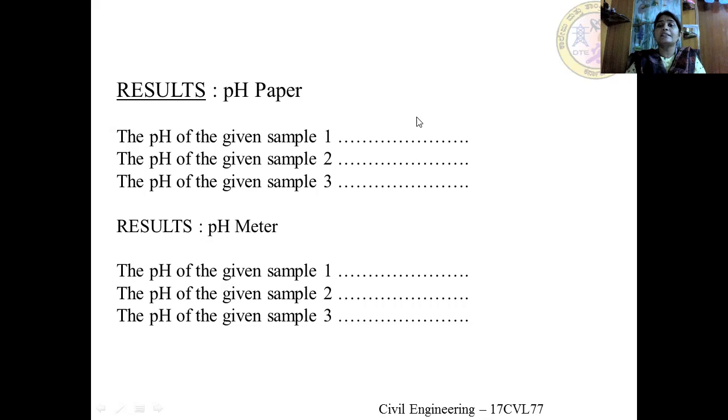So slightly acidic and slightly basic in nature, that is 6.5 to 8.5, is fixed by the Indian standards. Slightly acidic or slightly basic alkaline water can be consumed and utilized for various purposes. It has no ill health effect, and hence the permissible limit is fixed between 6.5 and 8.5.